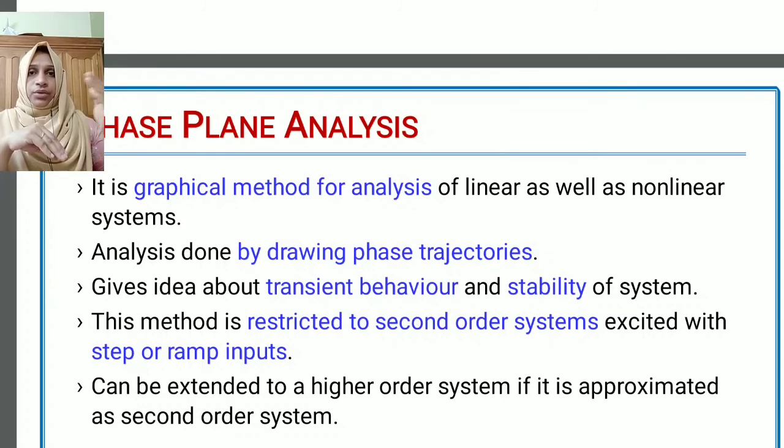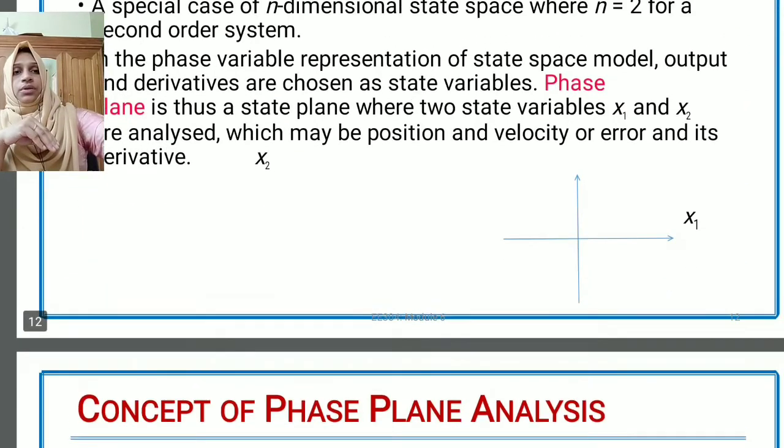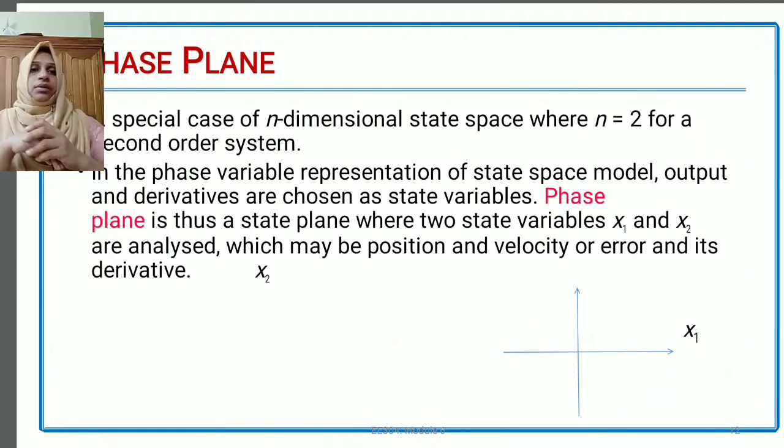We have to reduce the higher order system into a second order system, then only we can apply the phase plane method. So in this phase plane method, we are drawing phase trajectories in the phase plane and we are analyzing the stability. So this is a phase plane. In a second order system, we have two state variables x1 and x2.